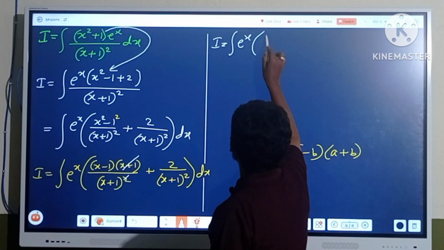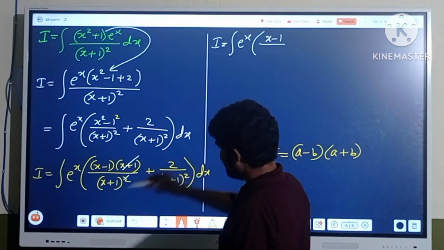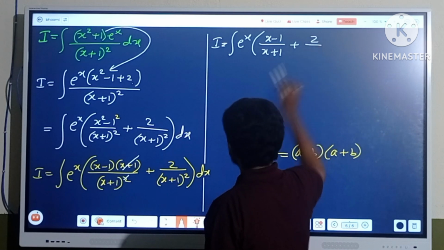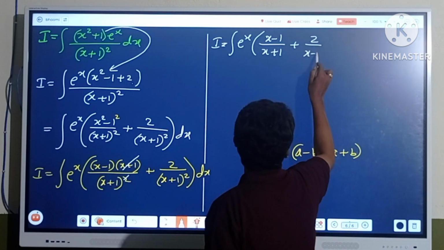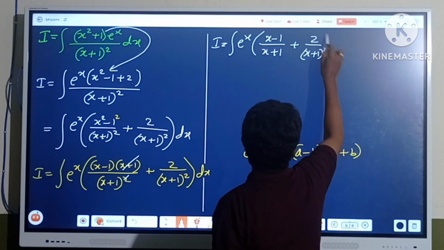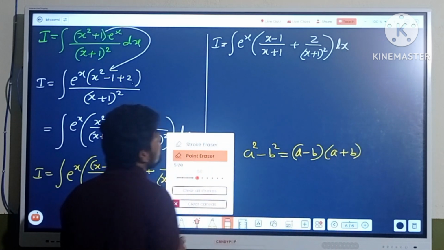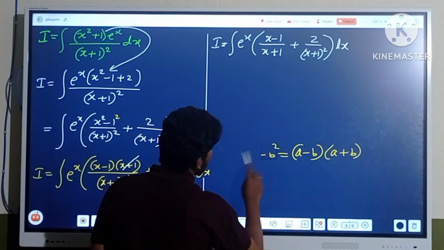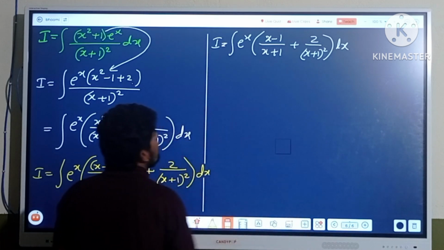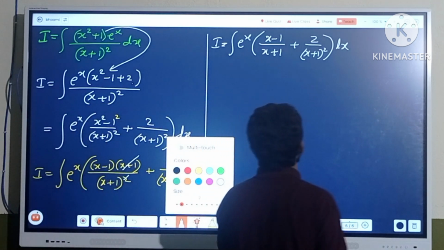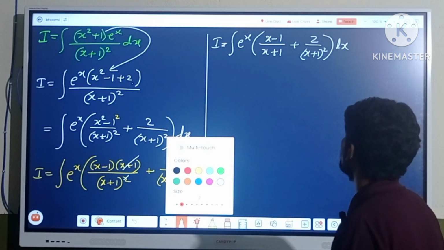So the remaining is (x minus 1) divided by (x plus 1) plus 2 divided by (x plus 1) whole square with respect to x. Now observe this deeply: integration of e power x into (x minus 1) by (x plus 1) plus 2 divided by (x plus 1) whole square.